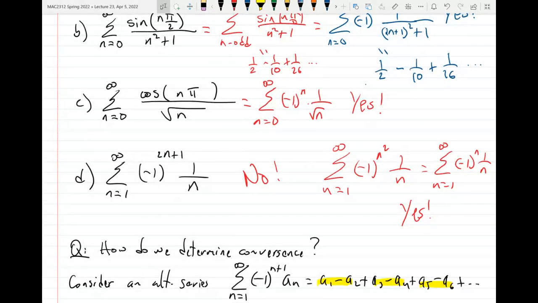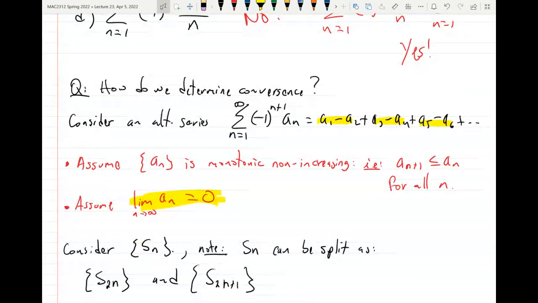Same thing here. This is your A_n, because this part is the plus minus, the limit is 0, and decreasing, so it converges. Do you understand? It's pretty easy to use the alternating series test. You just need to use those two conditions. Those two. So let me write it down.